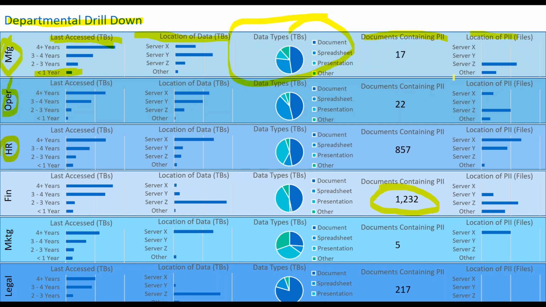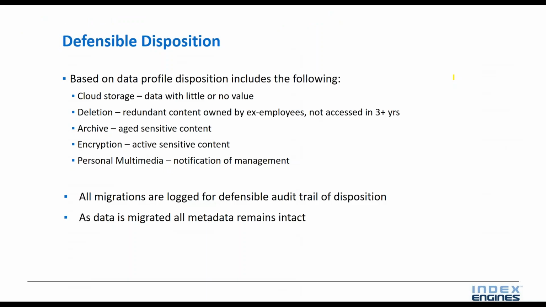So here you can see beyond just doing high-level metadata, we're getting deeper and deeper into the content of the data. And some of the new conceptual search capabilities that have been added to the system allow you to train the search engine and the reporting engine to say, find me documents that look like this, that look like contracts, that look like agreements that are sensitive, that's something I really want to learn where it is so I can manage it effectively.